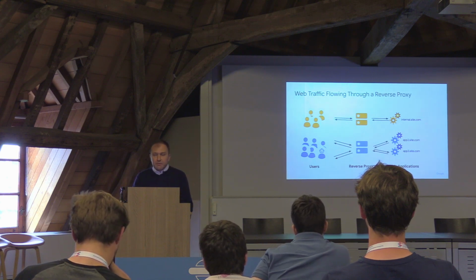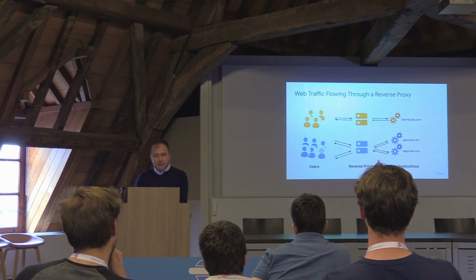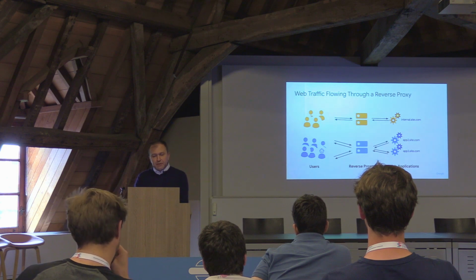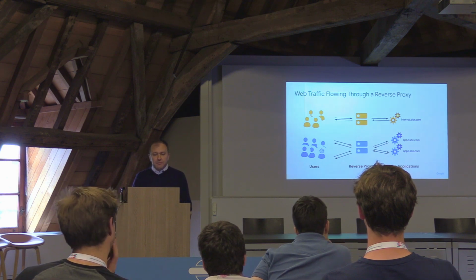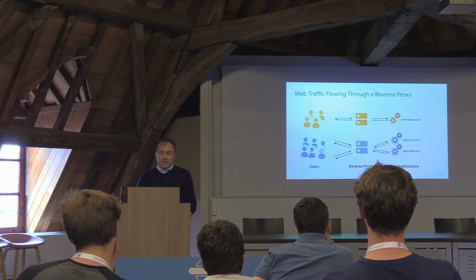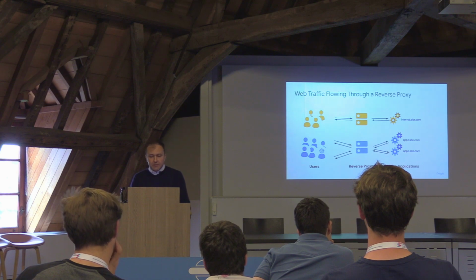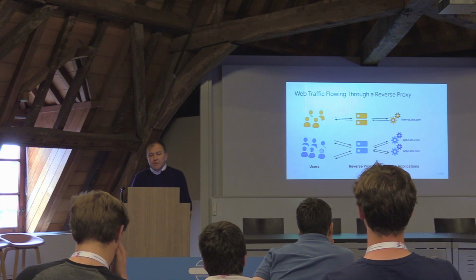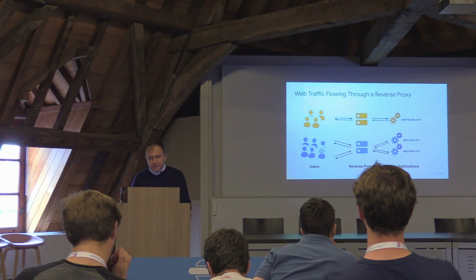They need to be able to handle encryption, so terminate the HTTPS encryption from the users and apply the encryption which you have internally in your company. And it's also good if they provide centralized logging, so you can start collecting some information about the traffic there. All of that is usually in the package.